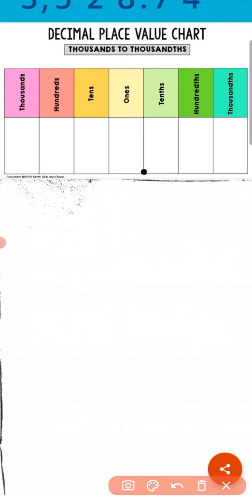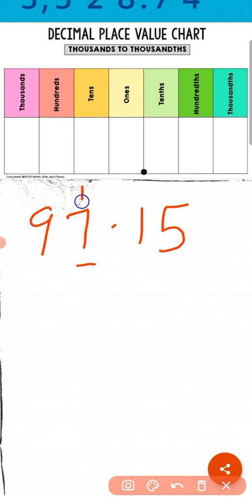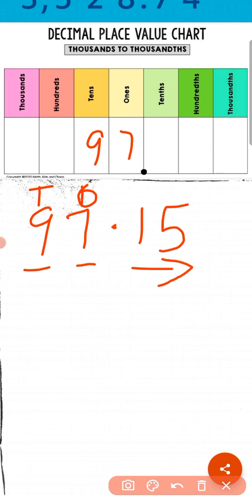Now our next number is 7.15. First check the place values. Ones, tenths. 7 is in ones place. This is a decimal point. Now write the digits on the right side of the decimal.